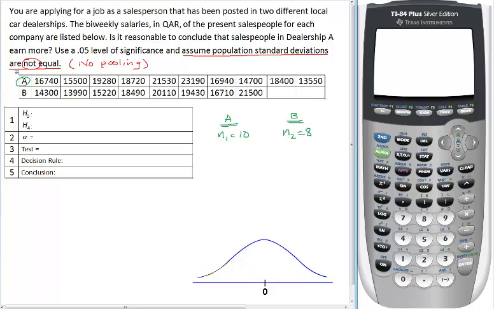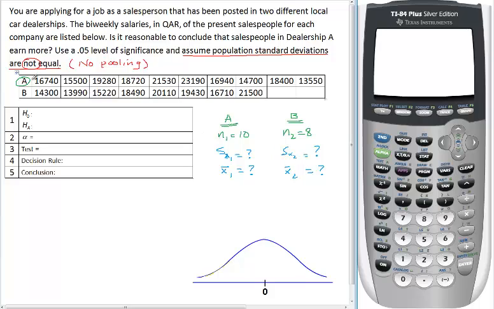Very little is known, right? We don't know the standard deviations or the means of either sample. These are all unknown right now, but we do have the raw data, so we can find these.